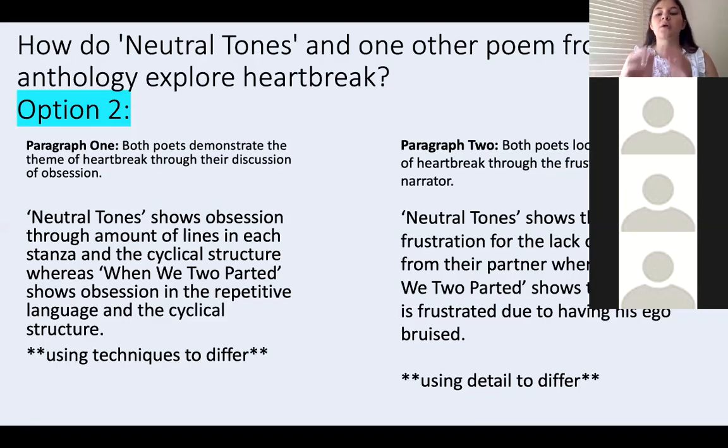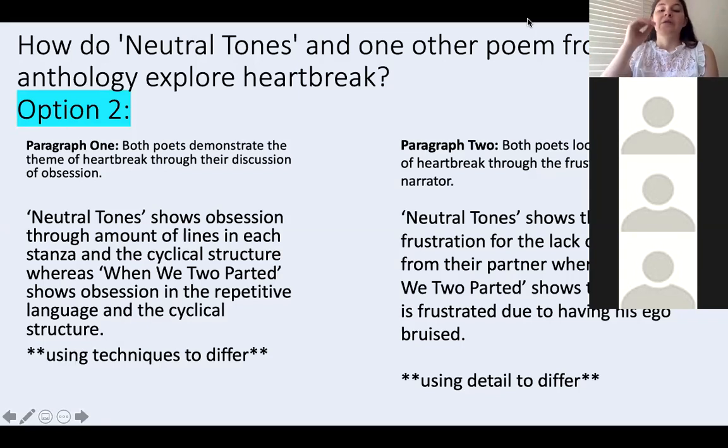Very good. So one is, I'm going to be comparing how they use techniques differently. And one is, I'm going to be comparing how they look at that theme differently. Both options here, both paragraphs would be absolutely fine. It's just about how you want to structure it and what you see are the main differences.